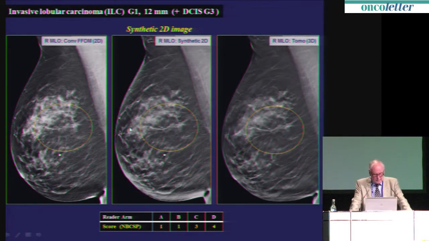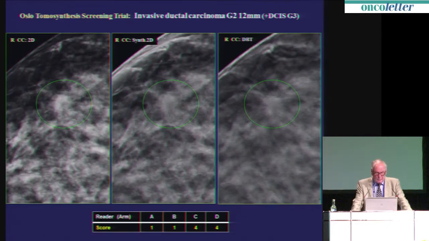I'll show you this example. You saw it this morning. In this case, you see the spiculated mass easily on tomo. You see it easily on synthetic 2D, but you will miss it on the conventional 2D. In another case from a dense breast, on tomosynthesis, you can see this 12 millimeter grade 2 invasive ductal cancer with the spiculations quite easily.